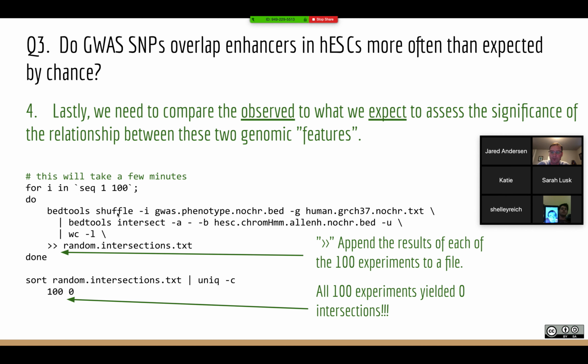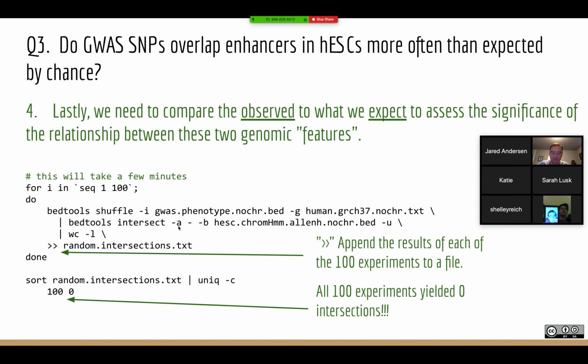And what we're doing in each of those 100 experiments is we shuffle the locations of these GWAS SNPs. We pipe the output of those randomized locations into bedtools intersect. Now the A file is coming from, this dash means it's coming as input from the output of the previous command.